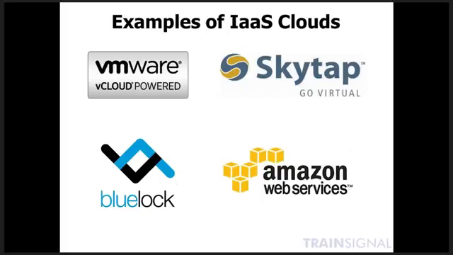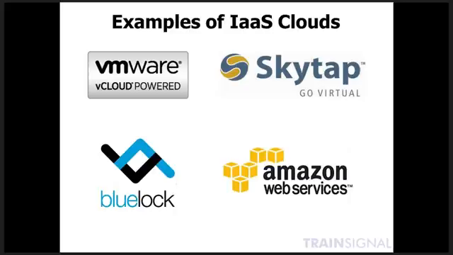All right, so here are some examples of infrastructure cloud providers. Of course, VMware has what they call vCloud powered. VMware doesn't actually have their own infrastructure cloud, but they have many cloud providers, approximately 10 or so data center cloud providers, and BlueLock is one of those.